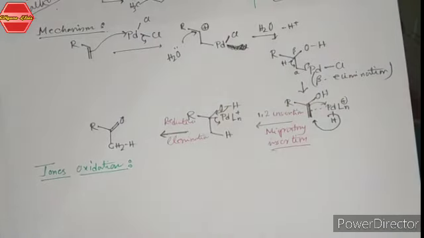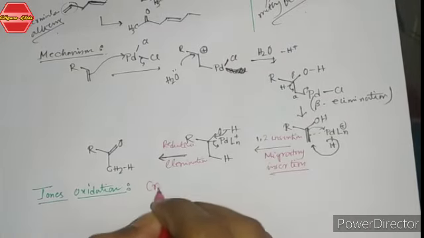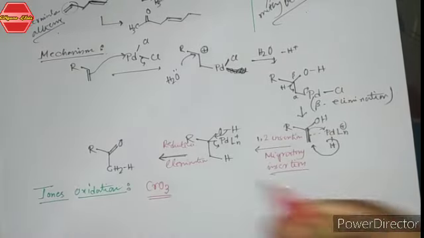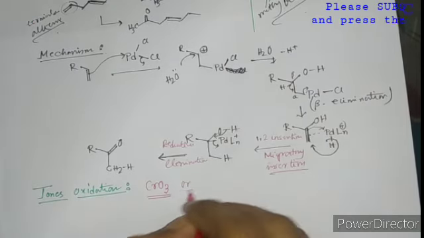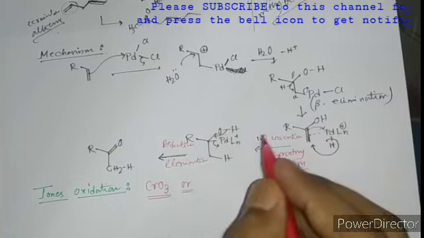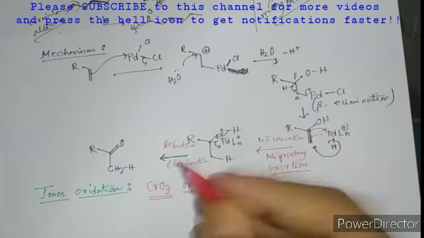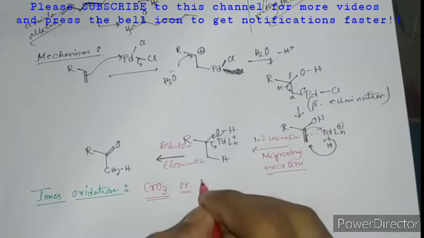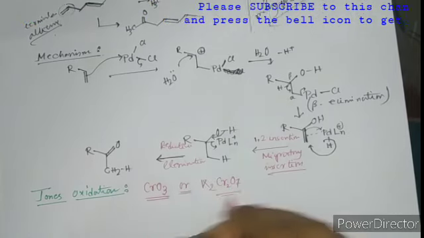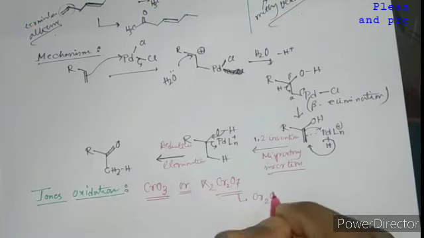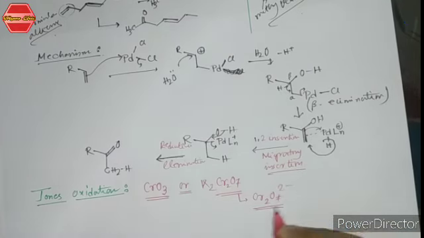In Jones oxidation, generally CrO3 or another salt like potassium dichromate or sodium dichromate is used, that is K2Cr2O7, or its part called Cr2O7 2-.